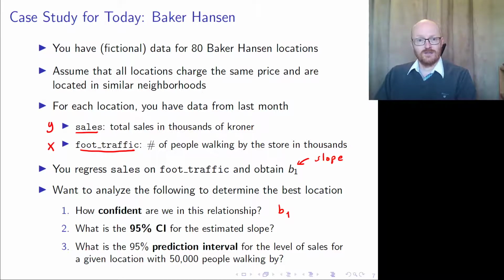Because if it's not different from 0, then we could just take the average of Y and use that as our estimate, right? And what is the 95% prediction interval for the level of sales for a given location with 50,000 people walking by, okay? So that would be a different analysis question or research question. But we can solve all these by looking into the regression model.